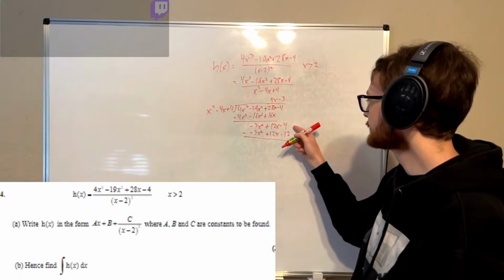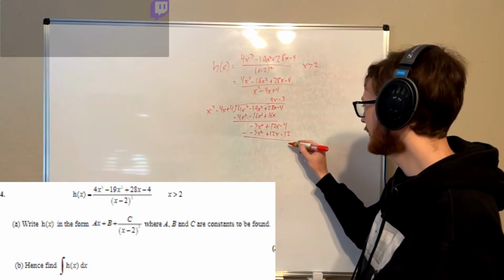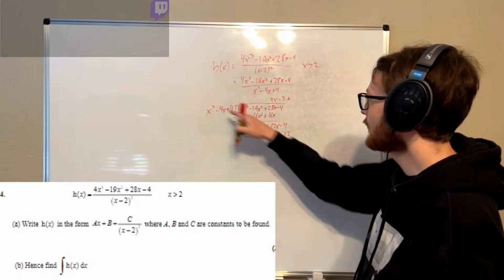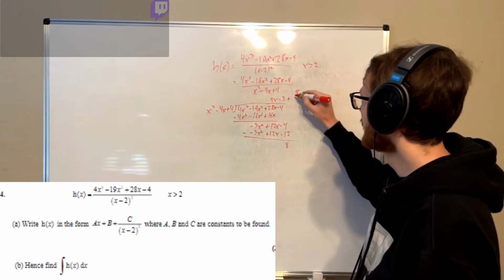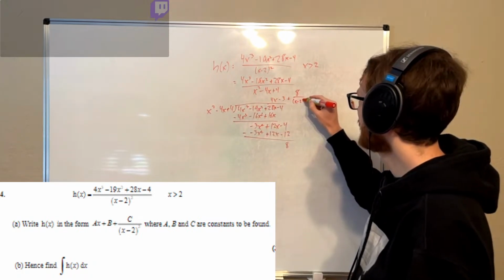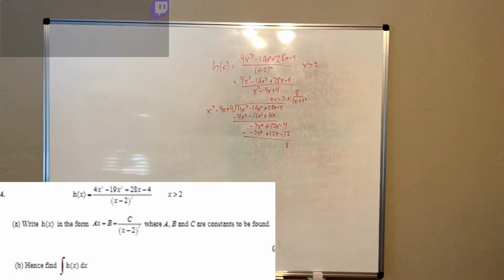Negative 4 minus negative 12 is 8. So our remainder is 8 over whatever the original thing was, and I'm going to rewrite that back as x minus 2 squared. So I think that's our answer for part A here.